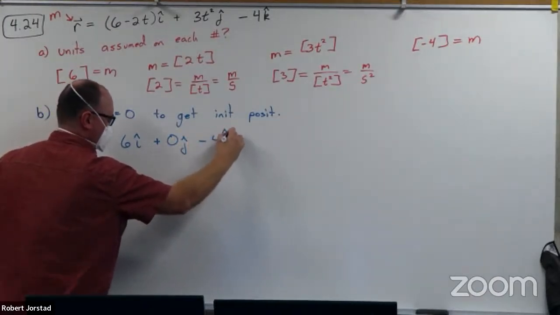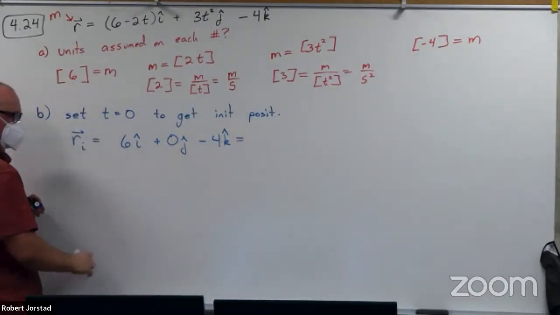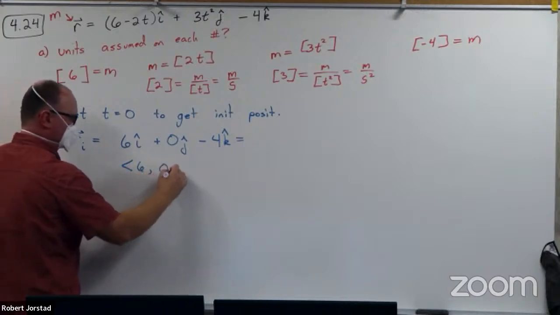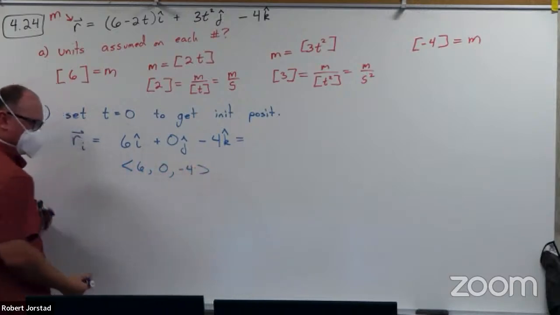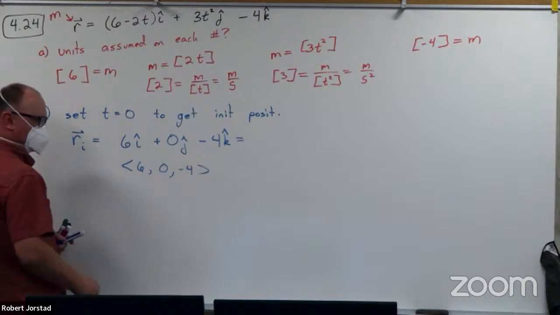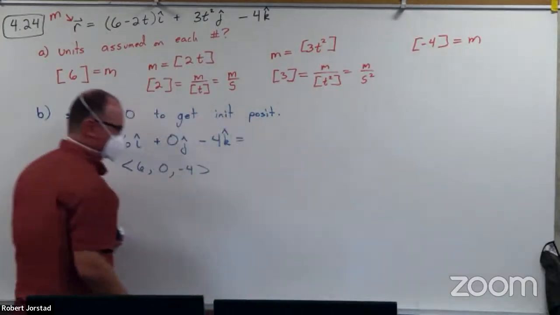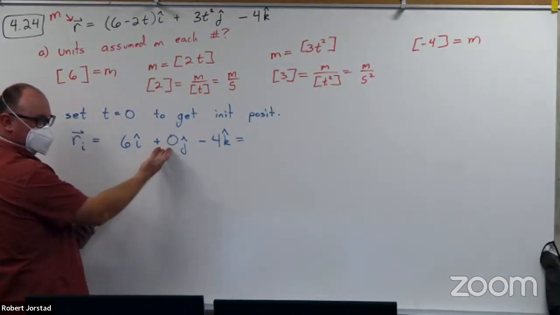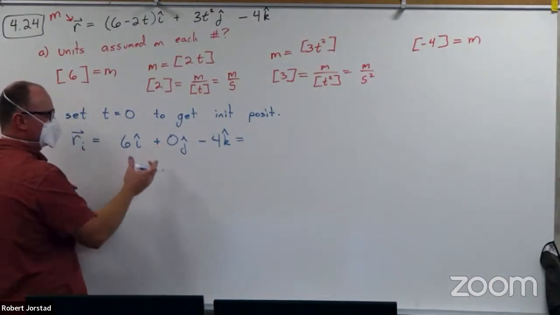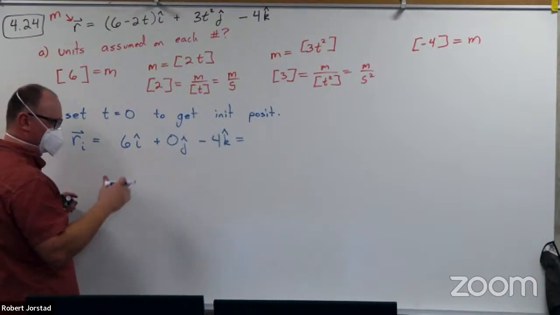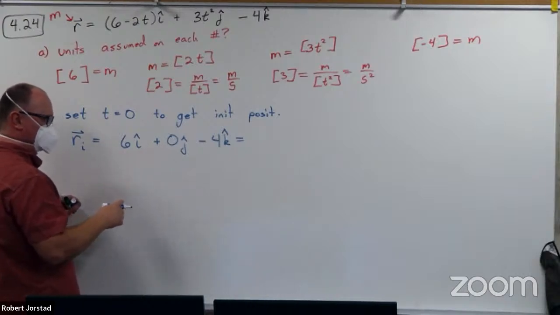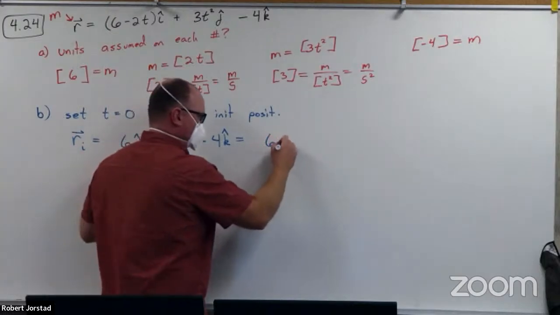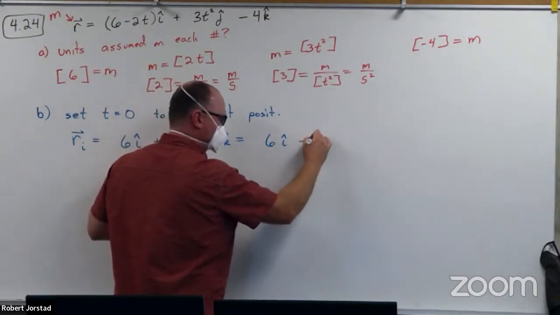Now, if you're in a math class, they usually want you to write it like this or like this. This is physics. Usually what we do, and I checked with the engineering instructor, in engineering they're the same way, we don't want to write things that aren't there. We don't want to get in this habit. If you do that, I'll tolerate it, but the engineering instructor will be upset at you. So we would just write 6 in the i hat minus 4 in the k hat.